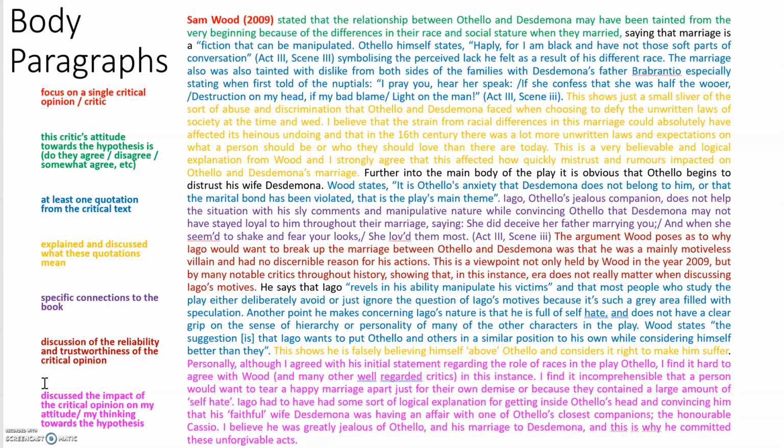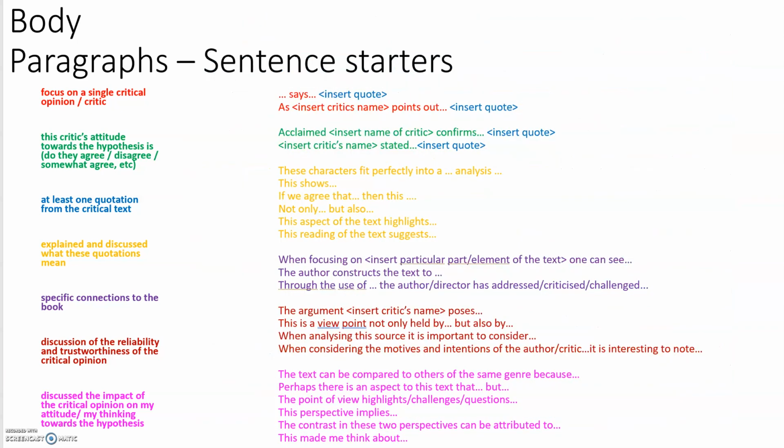This is what engaging with critical text is about: you reflect on your own thinking, you look at the research that other people have done, take advantage of it, and shape your own thoughts. Now, here are some sentence starters for you.